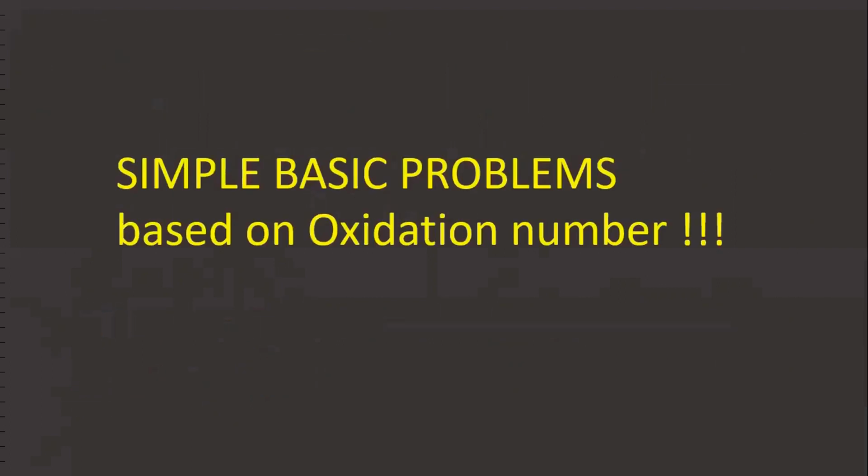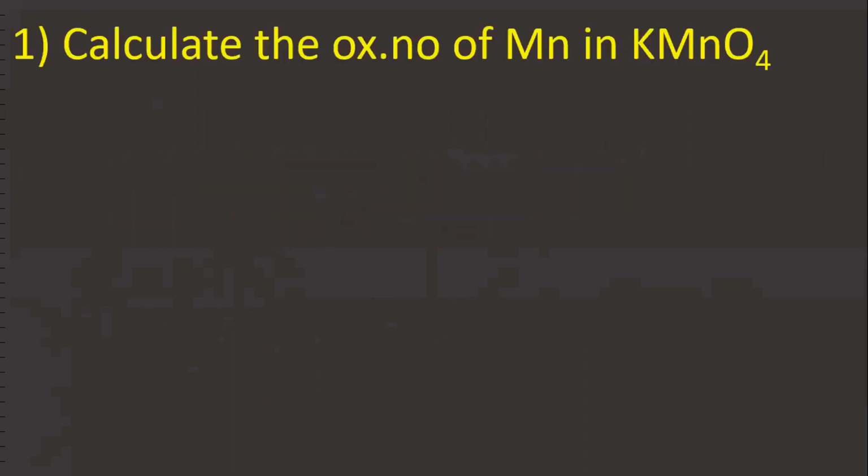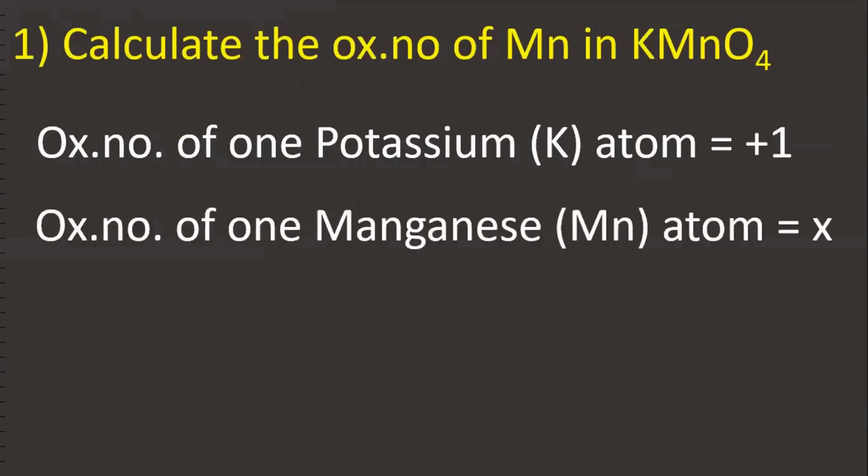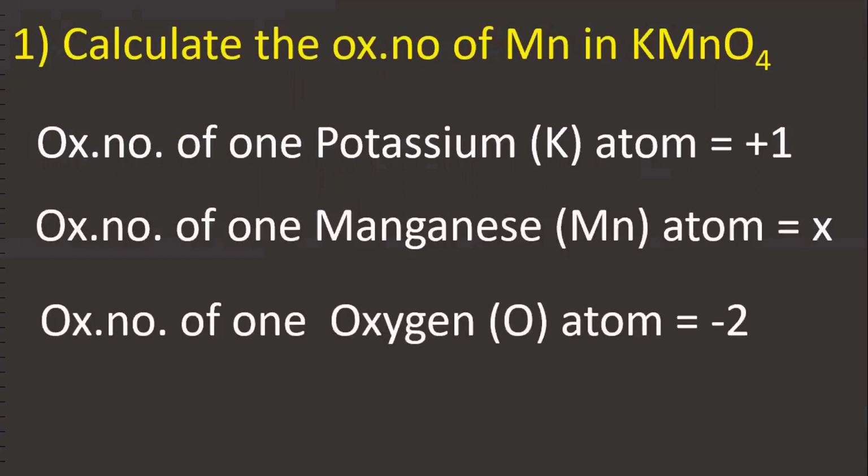Let us solve some simple basic problems on oxidation number. First one, calculate the oxidation number of manganese in potassium permanganate, KMnO4. Oxidation number of alkali metal is +1, potassium is an alkali metal, manganese not known, it is X. Oxidation state of oxygen is -2.